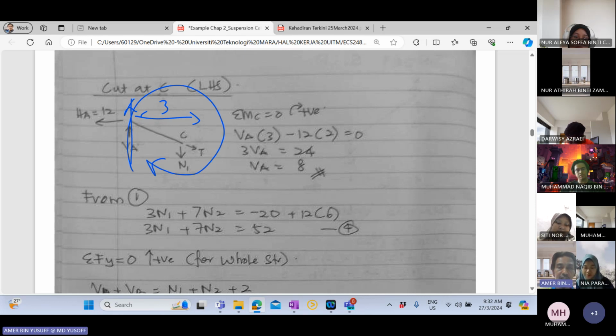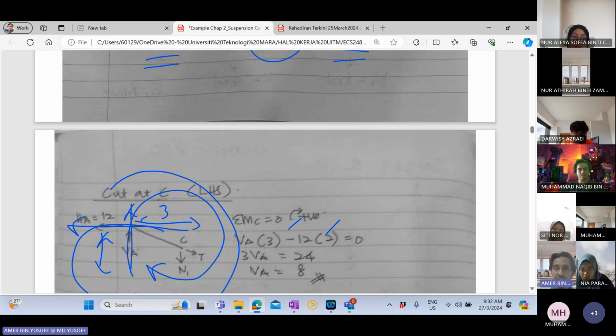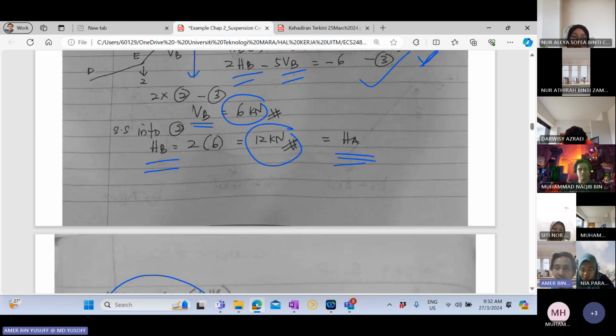So, satu lagi kita ada HA, multiply dengan this distance. This distance given 2 meter. So, positif negatif dia adalah anti-clockwise. That's why negative. Tapi HA kita dah determine dah. We have determined HA kat atas ni tadi.